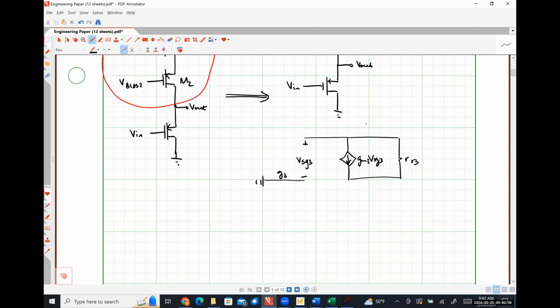This is my source of transistor 3, and it is at AC ground. This is my drain of transistor 3. Then down here below it, I'm going to have effectively an identical small signal model.